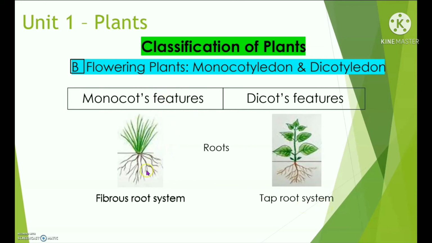So again, what are the roots of monocot and dicot? Very good. So the roots of monocots are fibrous roots, as we can see in this picture, and the dicot's roots are taproot. Very good.